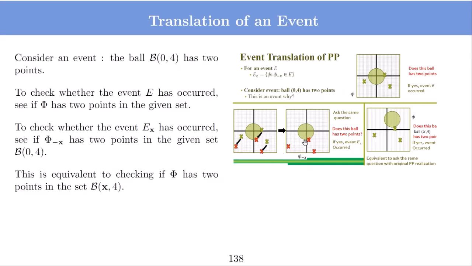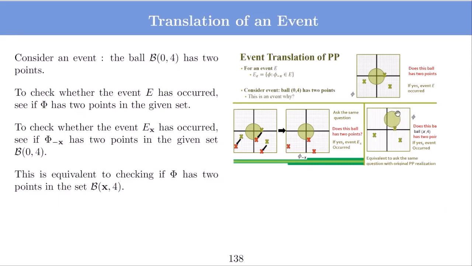If the shifted configuration has 2 points, then I will say the original version has property EX. In other words, either I tell whether this shifted version has 2 points in this ball, or if I shift it back to the original location, then I have to shift this ball also by X. Then I can answer whether the original version has 2 points in this set or not.